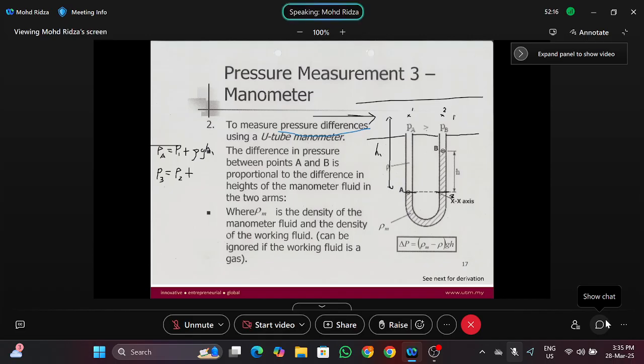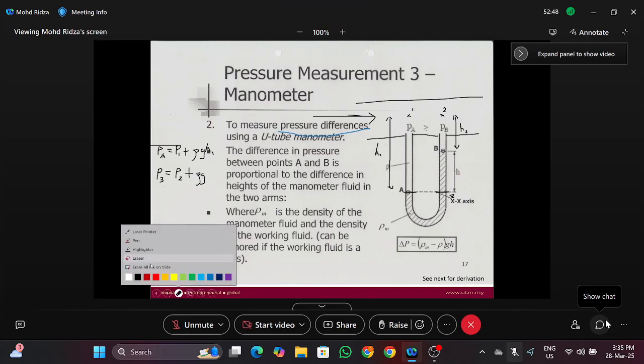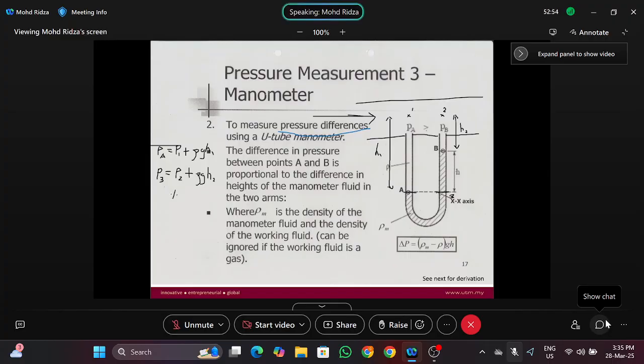Let me call this distance here, from point 2 to point B, h2, for example. So now the pressure down here at point 3 equals pressure at point 2 plus rho of the liquid in the pipe, g, the distance is h2, because we are taking only until point B. And then you add again, because we are not finished. You add again this part in the manometer.